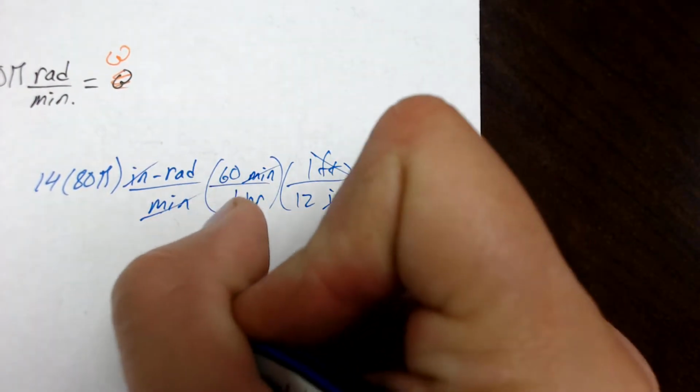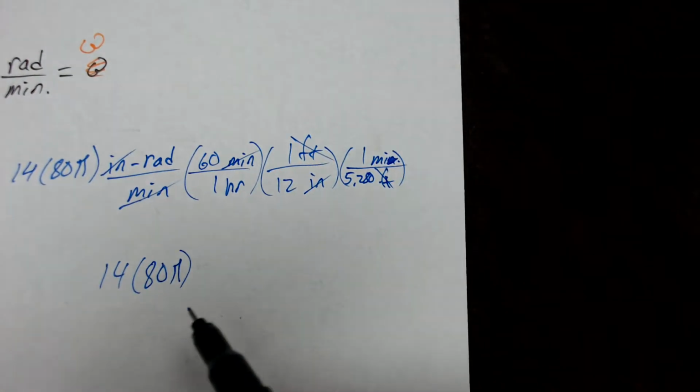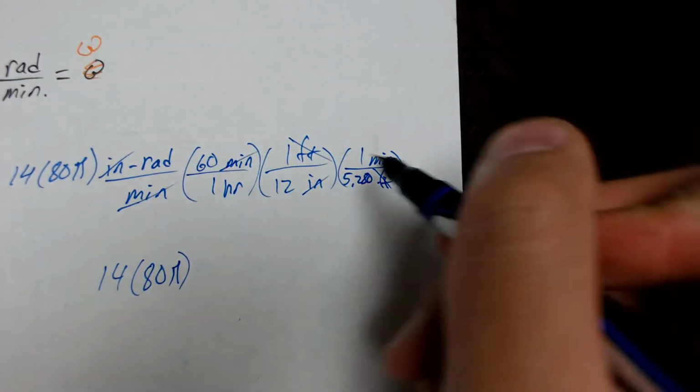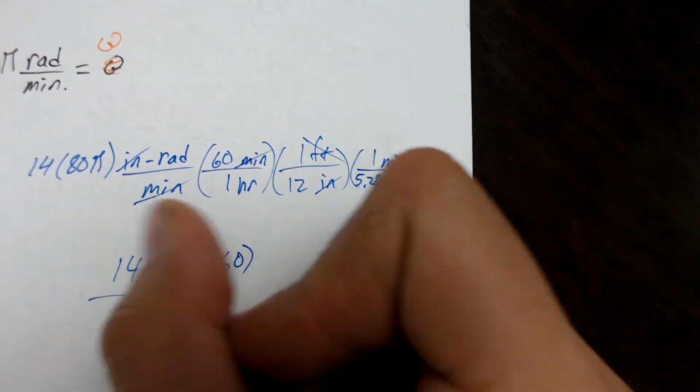So I have 14 times 80 pi, or 80 pi radians, times 60, and 1. That's it for the numerator.